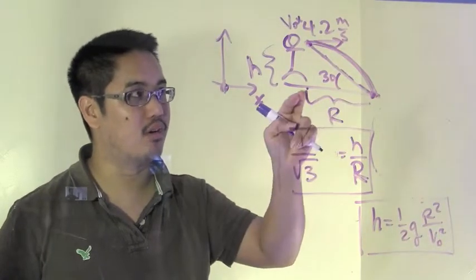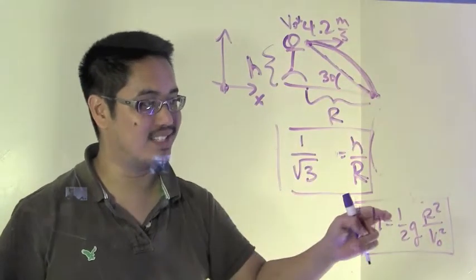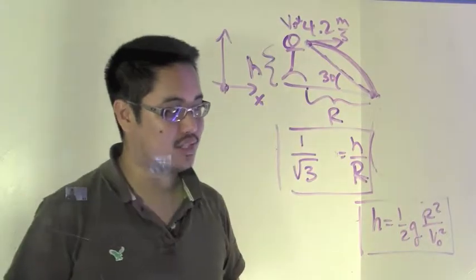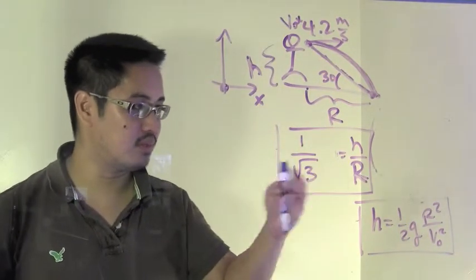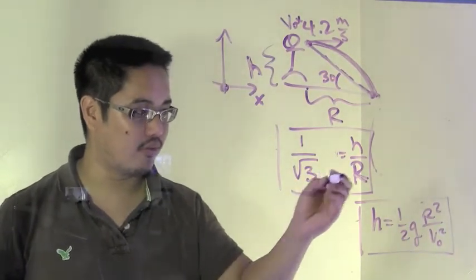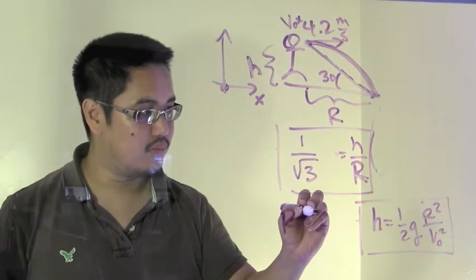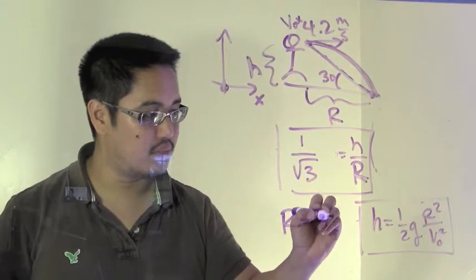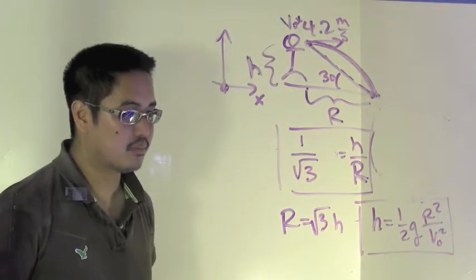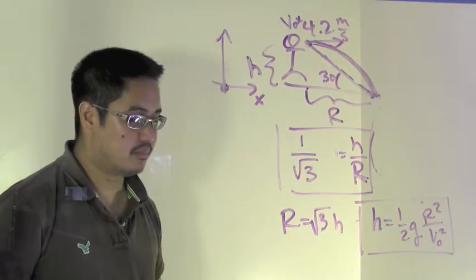When this r and that r are the same, and that h and this h are the same, all we have to do is substitute and solve for r and for h. So I'm going to make r equal to root 3 times h. We cool with that? Mm-hmm. All right.